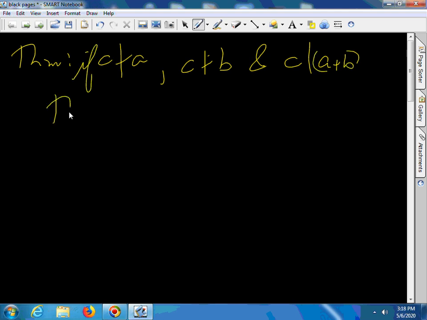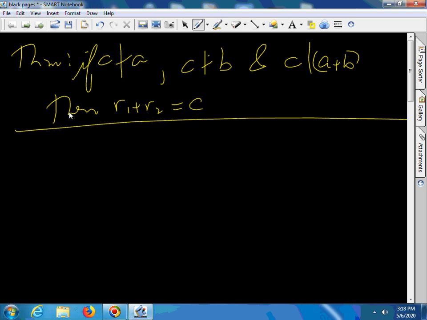If this, then the remainders will add up to C. Let's call it remainder from A and remainder from B. They will add up to C. And here's the proof and the clear definition of what I mean by remainder A and remainder B.